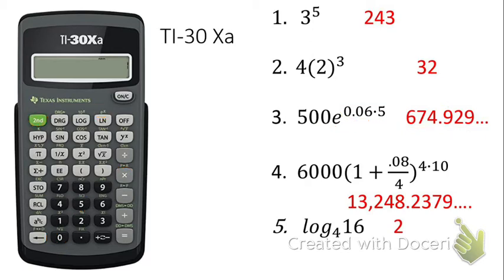Now, number 4, the order with which we're going to do this one, I'm still going to start with the exponent. All right, 4 times 10 is 40. So just put that 40 there. Leave it there in your work. We'll get to it later, I promise. Now, you're going to start right here. So 0.08 divided by 4 equals. Plus 1 equals. Now, we have to take that to the 40th power.